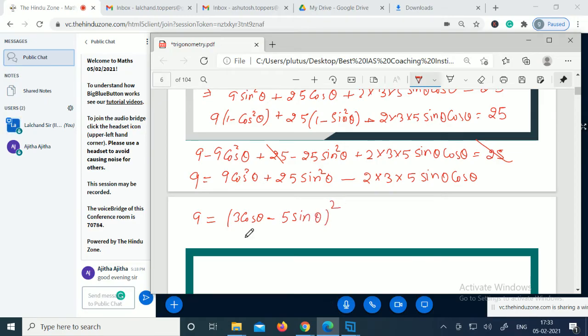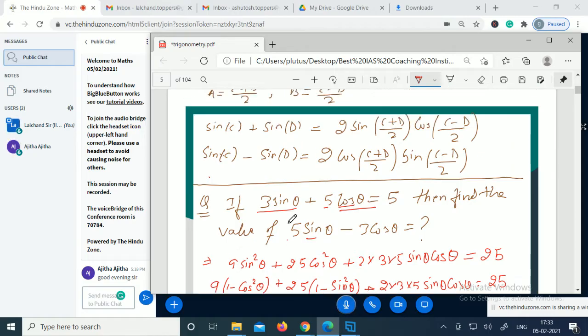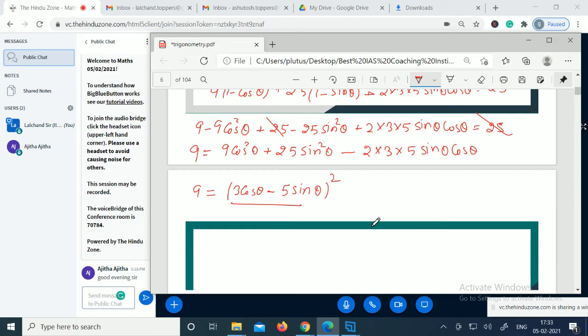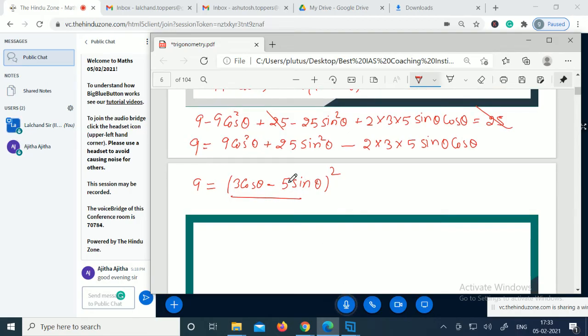Now check, this is the same equation. If I take minus as common, then this equation transforms into 9 equal to (5 sine theta minus 3 cos theta) whole square. If I apply the square root, then plus or minus 3 is equal to 5 sine theta minus 3 cos theta.